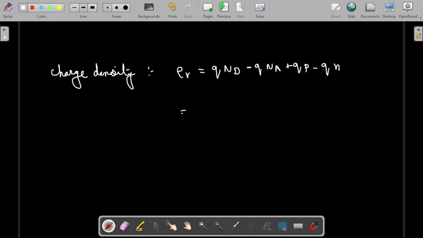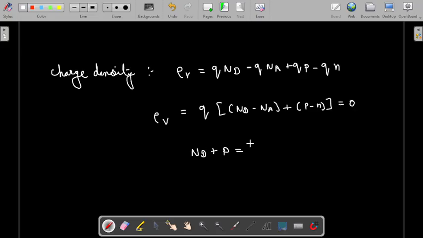Let's take the charge Q as common and relate all other things: Nd minus Na plus P minus n. So this is the rho v that we will be getting. For electrical neutrality, this value we can set to 0. Then Q becomes 0, and we can move all the positive terms to one side and negative terms to the other side. So Nd plus P will be equal to Na plus n. This is the first charge neutrality condition that we are attaining.